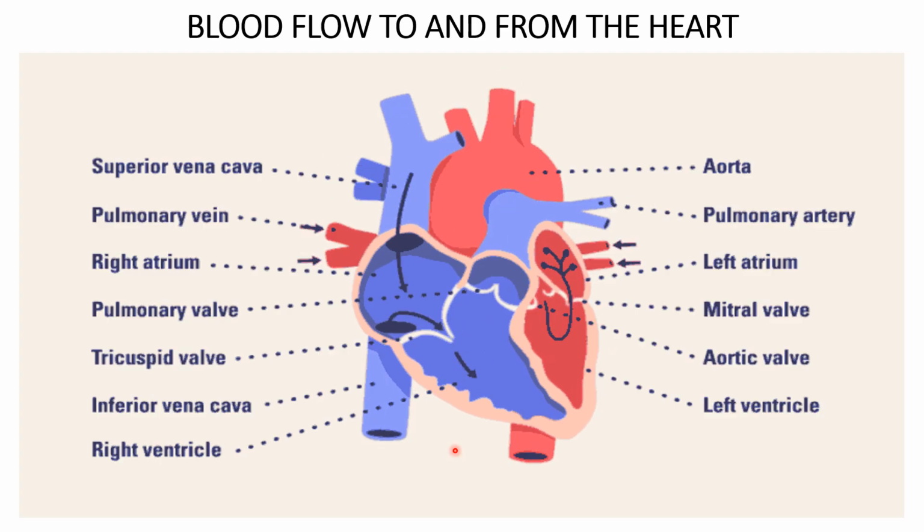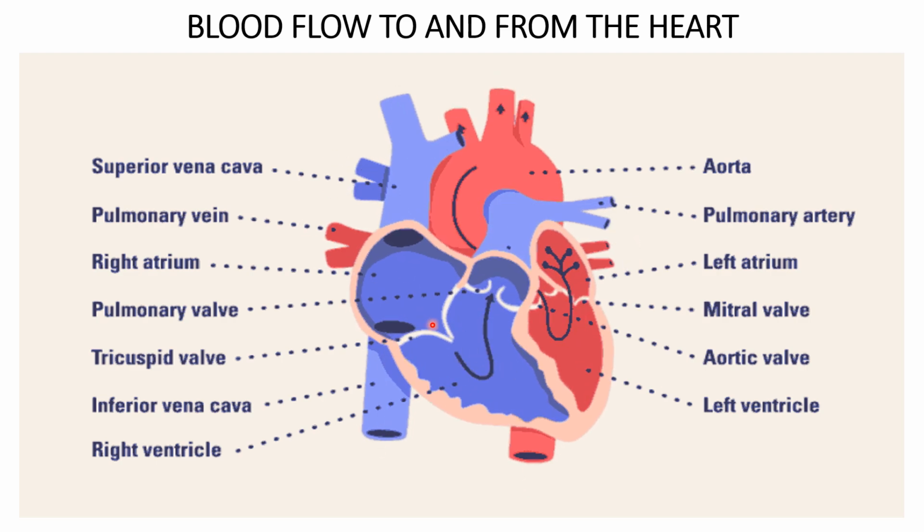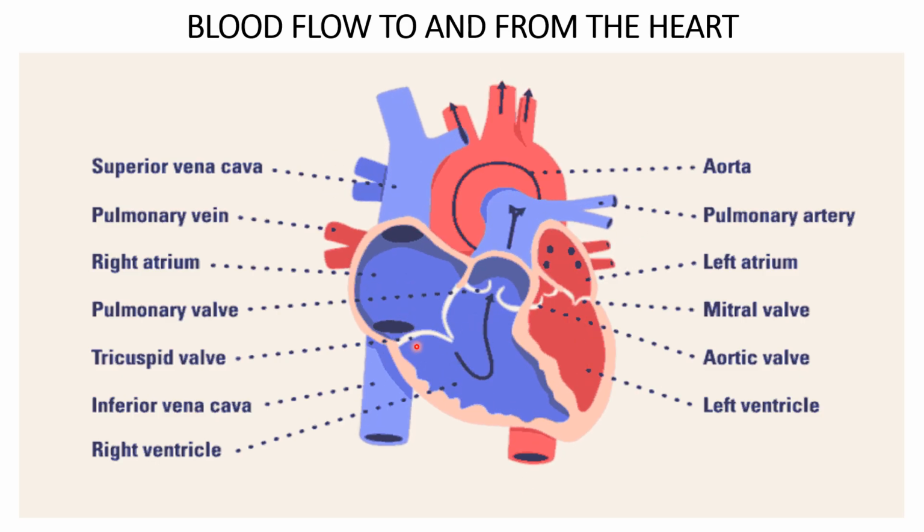video you can understand, when blood flows from upper chambers, that is auricles, to ventricles, how the tricuspid valve and bicuspid valve open and close. So when auricles or the upper chambers contract, blood is pushed to ventricles or the lower chambers.